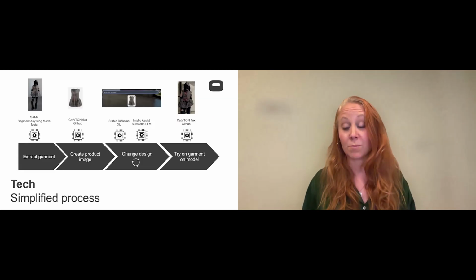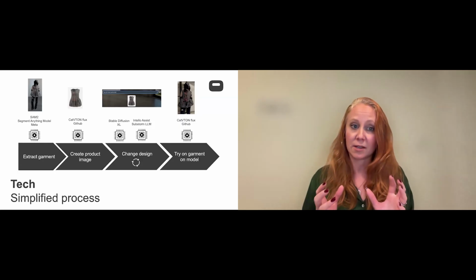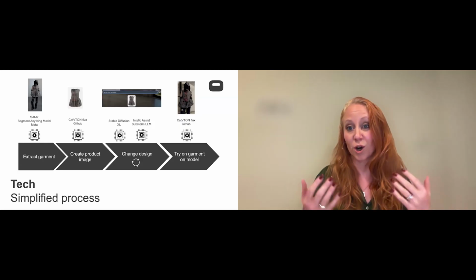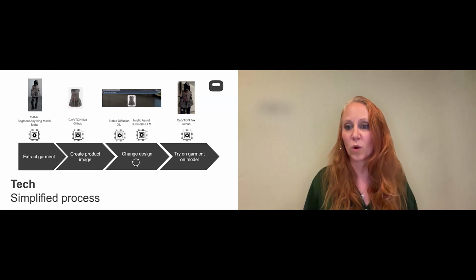So you want the 3D model of the garment that you can turn and look at, and it should be realistic. Even if you can't see the back in the picture, you need to get a realistic picture of the back as well.